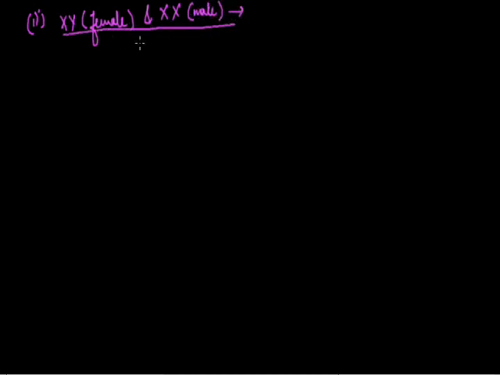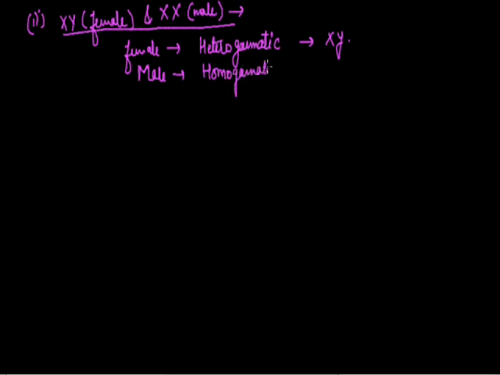Here you can write, along with the autosomes, some allosomes are found where the female is heterogametic. In this case, you can see the female is heterogametic, so expressed as XY, while the male is homogametic and expressed as XX.